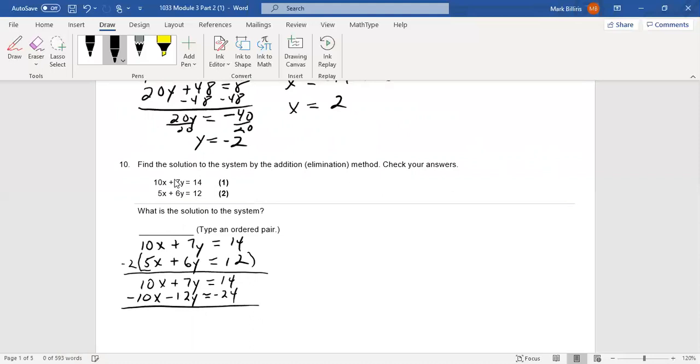Now I'm going to add the two equations together, and now it does what I needed it to do. The 10x and the minus 10x will cancel out, leaving me with only one variable. So now I add 7 and -12. That gives me -5y, and 14 minus 24 is -10. So then I'm going to divide both sides by -5. So y equals +2.